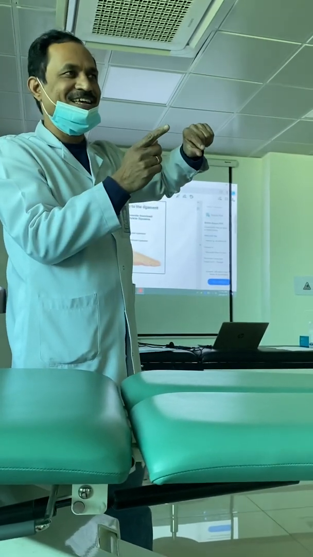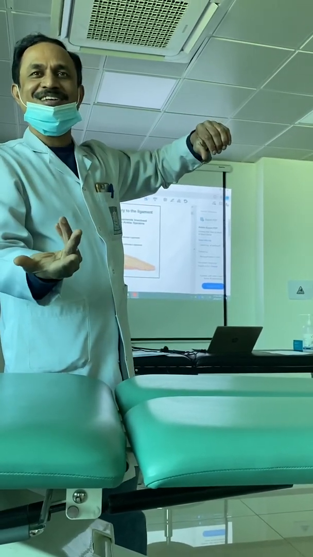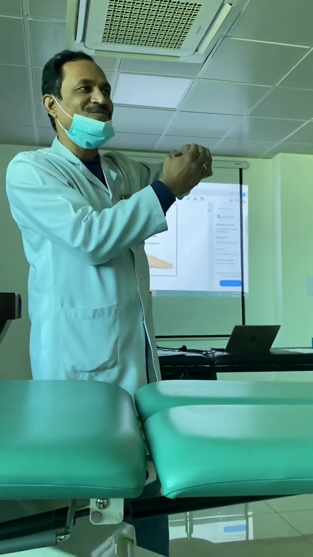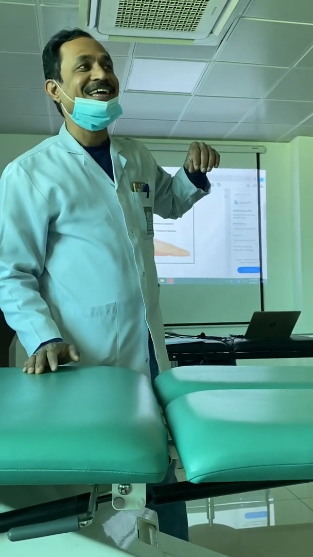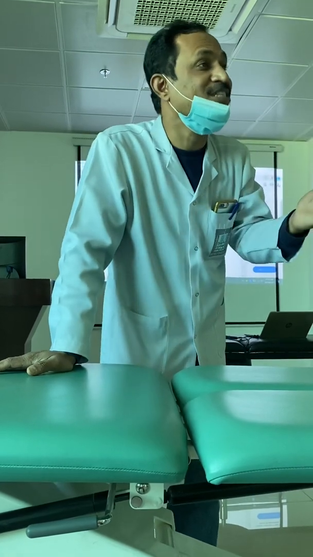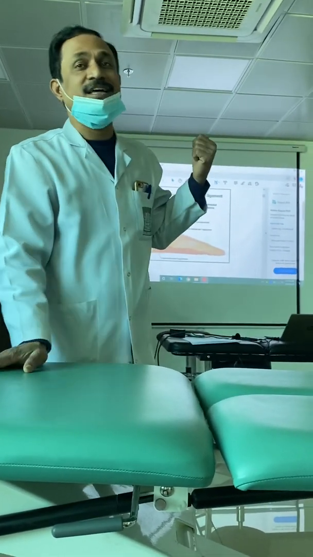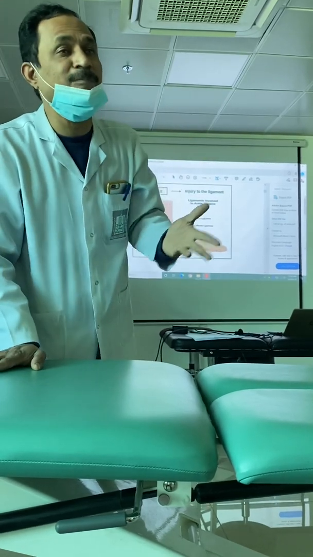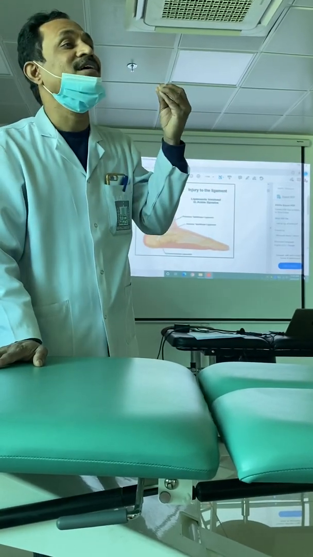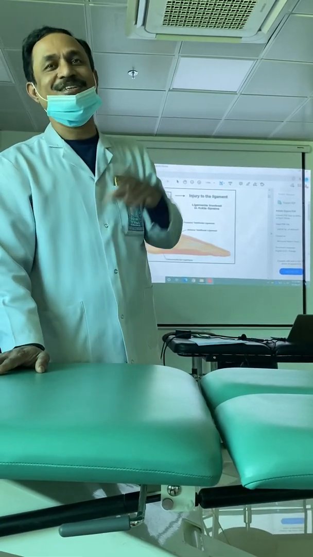But for one part, no blood supply at all. When there is no blood supply, what will happen? No healing, death, necrosis. So when there is a fracture in the talus, there are more chances to develop avascular necrosis. That's what I wanted to tell you about the talus bone.